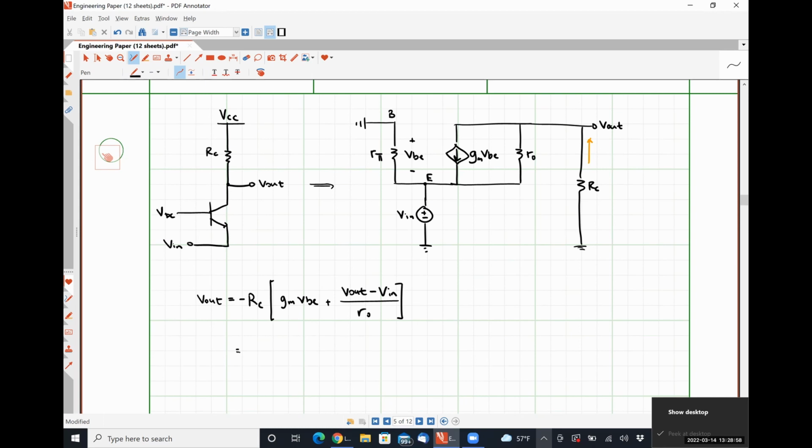So that's going to give me RC times GM times Vn plus Vn minus V out over R naught times RC, where this negative sign being applied in here lets me flip the order of my subtraction.